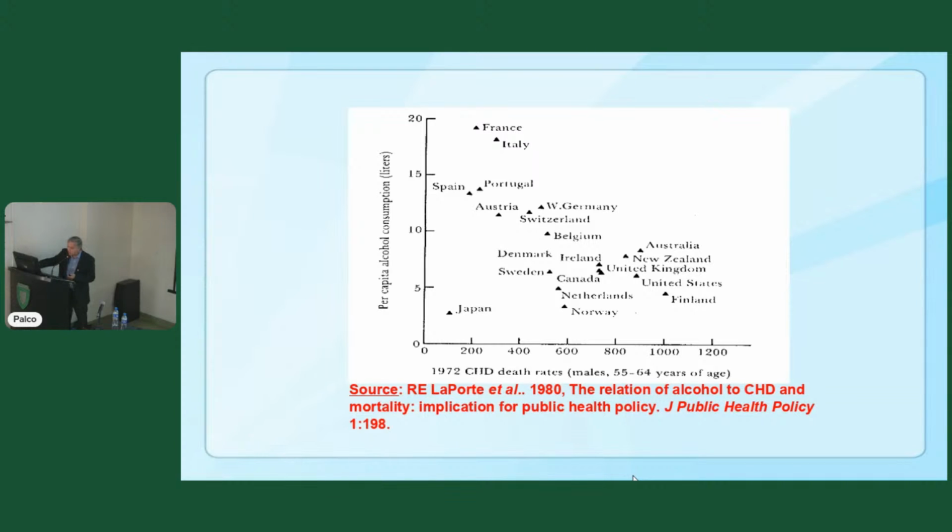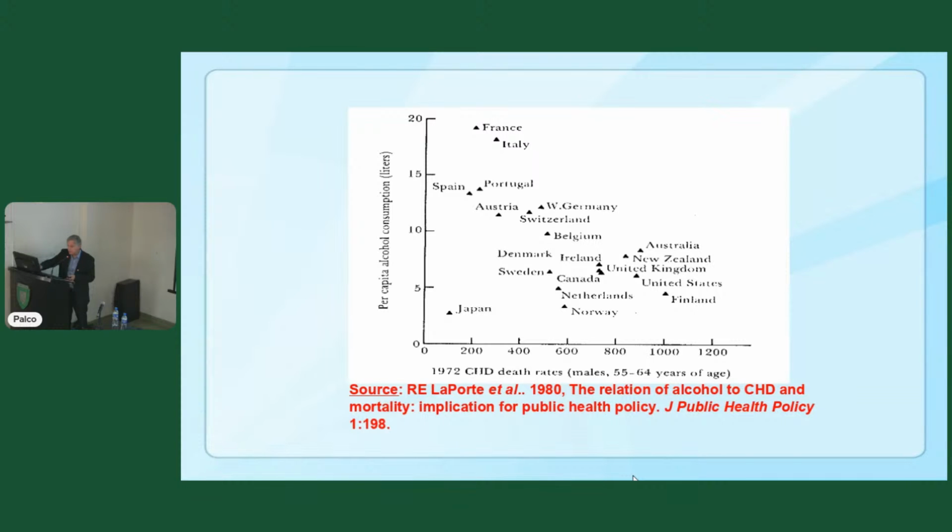The lowest alcohol consumption is actually Japan, but forget it, Japan's an outlier here. Finland is also low, and the death is very high. Japan is an outlier because it has very low alcohol consumption and very low death.